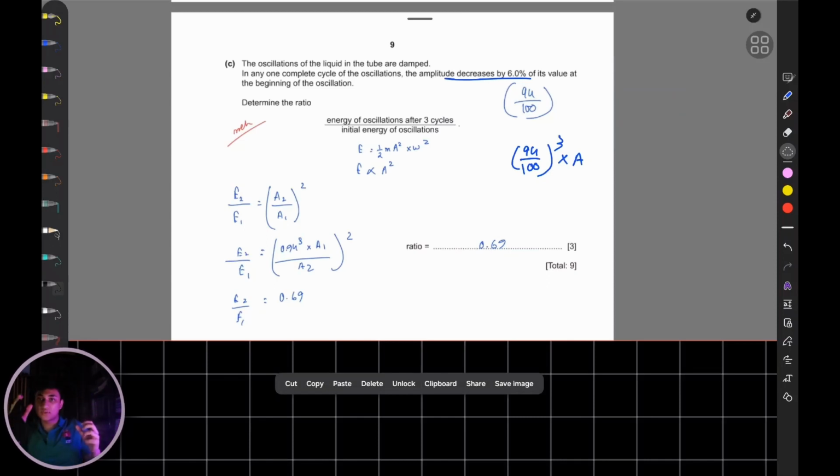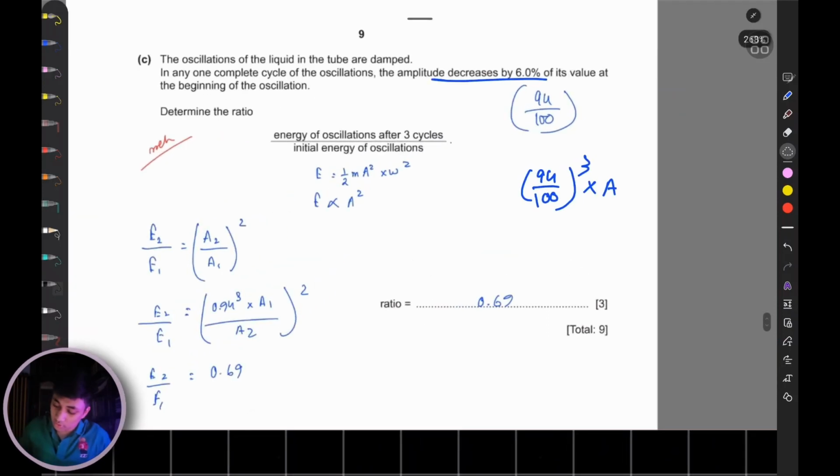So if your amplitude becomes 0.94 to the power of 3 times A after 3 oscillations, what is your energy change going to be? Let's figure that out. Now, you know the formula of energy, by the way. Your energy is given by half times mass times amplitude squared times omega squared, right?